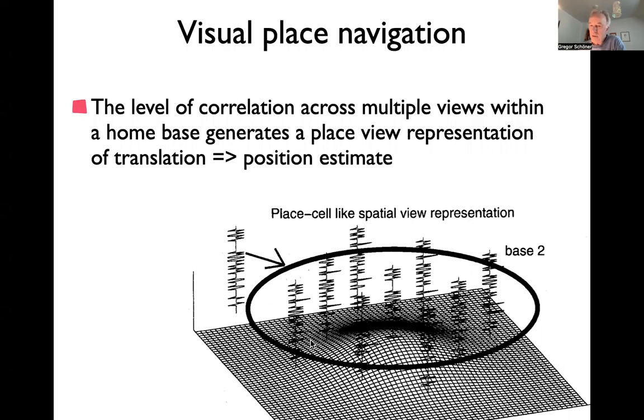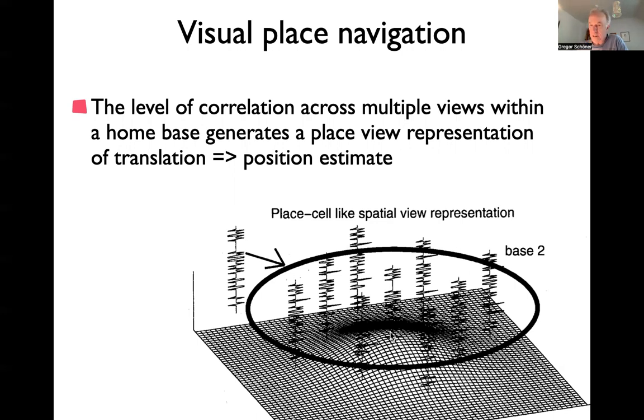And this distribution of correlation coefficients across the different views would essentially act as a weight in estimating the actual location. So this is like a population code, and that combined correlations is then your population estimate of where you are.